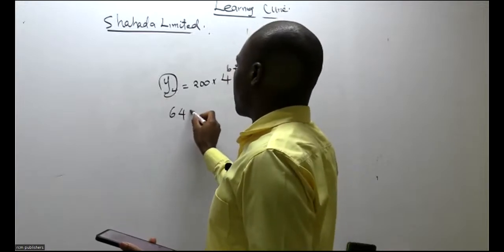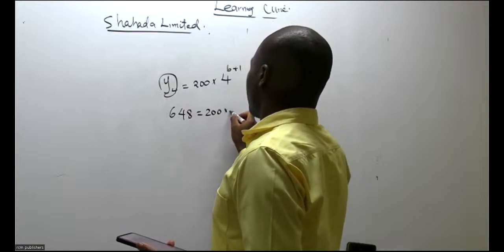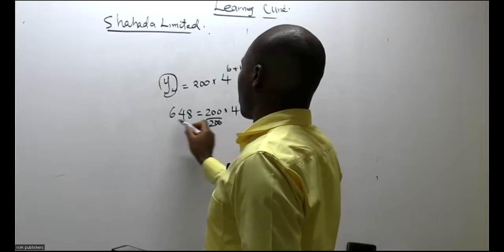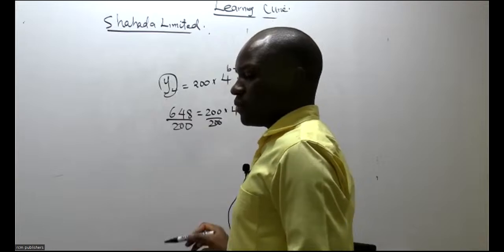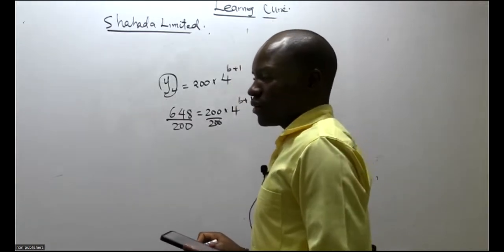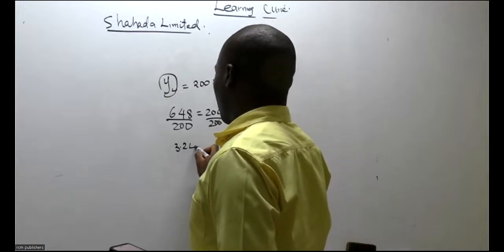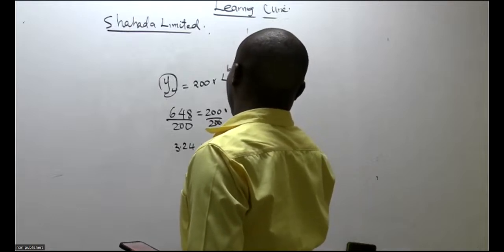So 648 is equivalent to 200 times 4 raised to the power B plus 1. So divide both sides by 200. What are you getting here? 648 divided by 200 gives us 3.24, which is equal to 4 raised to the power B plus 1.